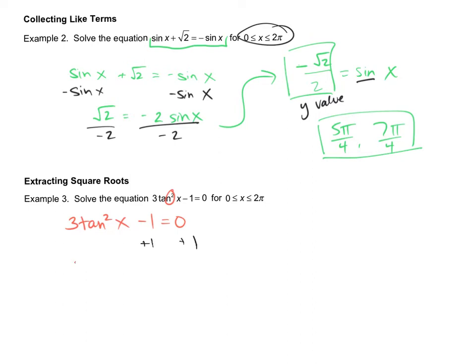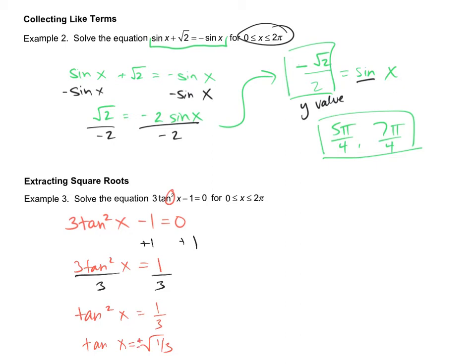So we have 3 tangent squared x equals 1, and then I'm going to divide by 3. So I get that tangent squared x equals 1/3. So tangent of x is the square root of 1 over 3, and this could be either the positive or the negative.